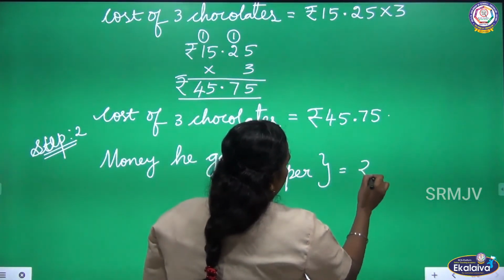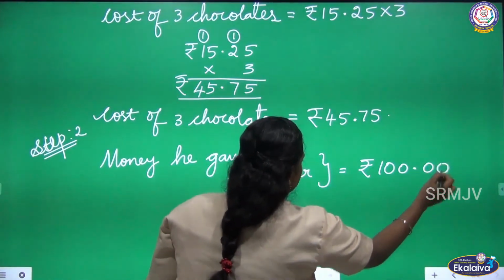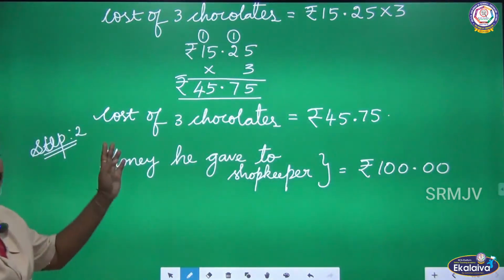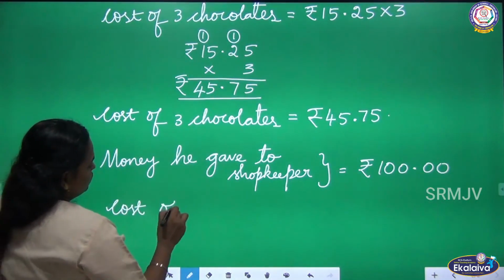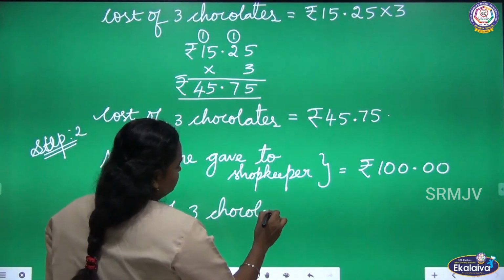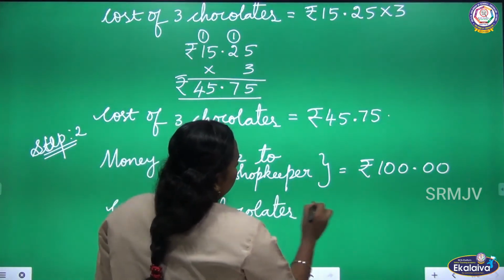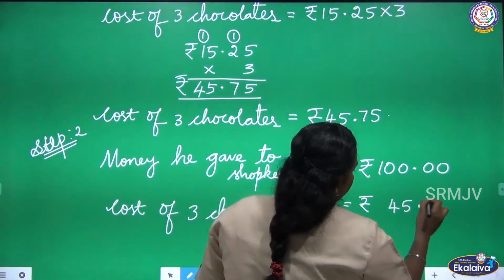Rupees 100. So paise you can write 0 0. Next, what is the cost of 3 chocolates? Cost of 3 chocolates equal to rupees 45 rupees 75 paise.